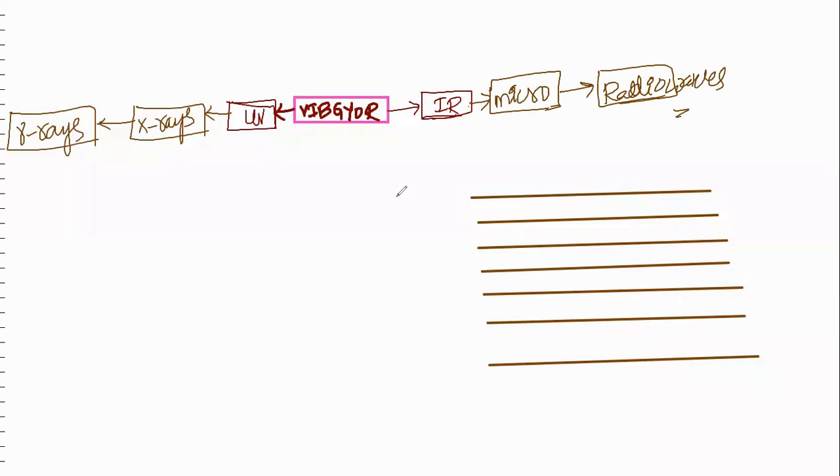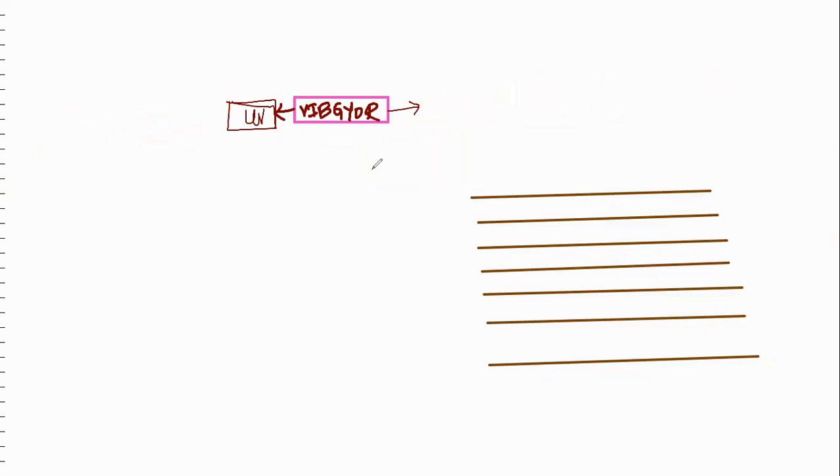Like this the electromagnetic spectrum is there. This is the ultraviolet region, this is the visible region, and this is the infrared region. The infrared region also has near infrared, middle infrared and far infrared regions.